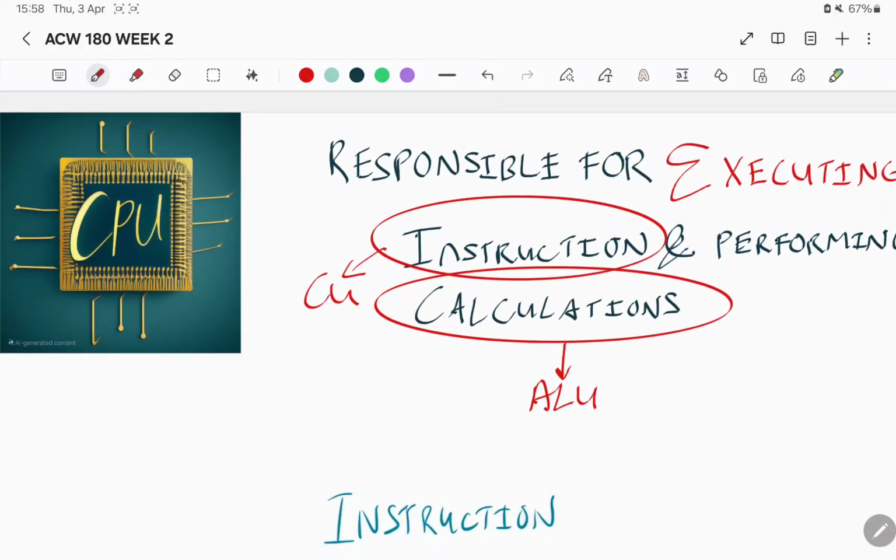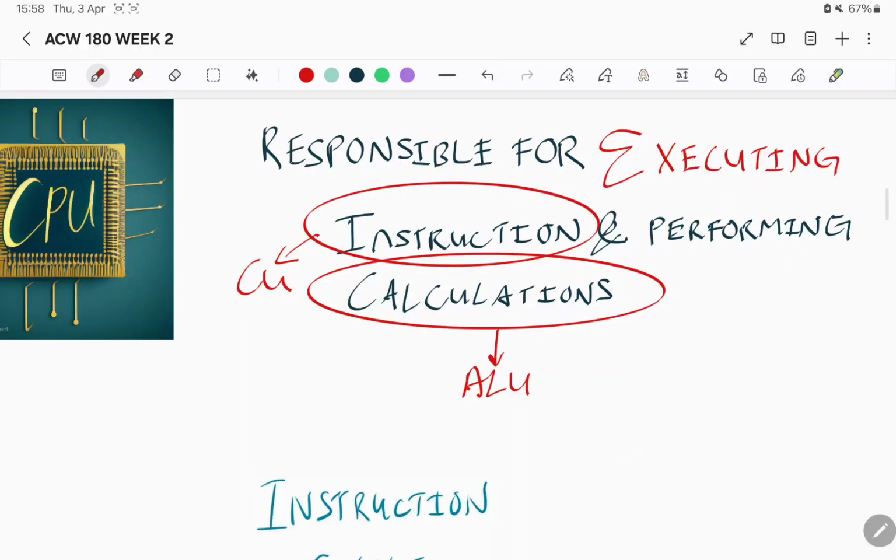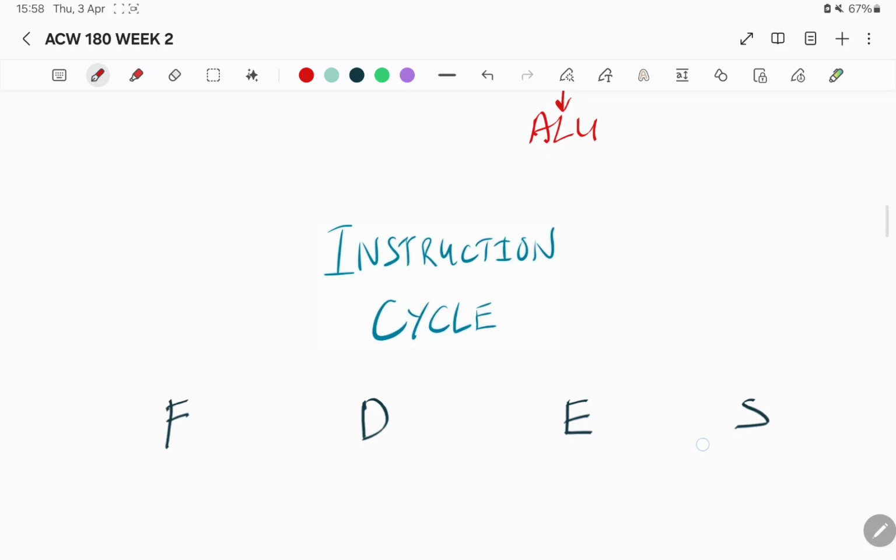We talk about the definition here: a CPU is basically responsible for executing instructions and performing calculations. Calculations for what? Calculations that power all the processes in a computer. I'm just reading from the slide.